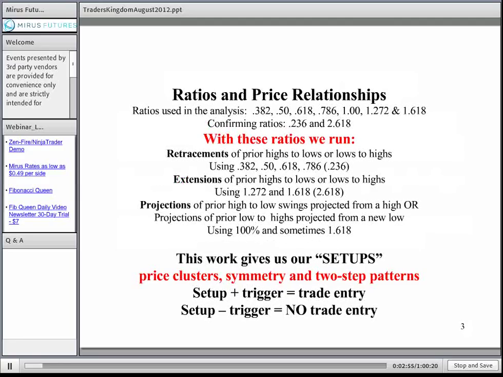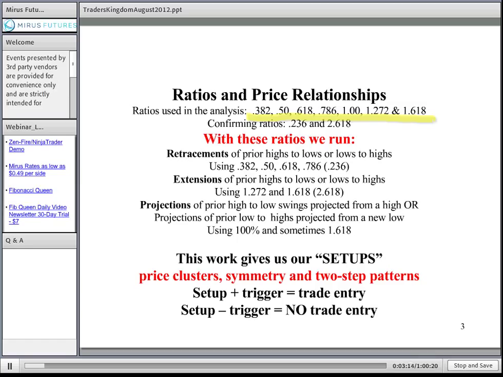To start with, as far as the ratios and price relationships that we're going to look at, I pretty much use 382, 50%, 618, 786, 100%, 1.272, and 1.618.